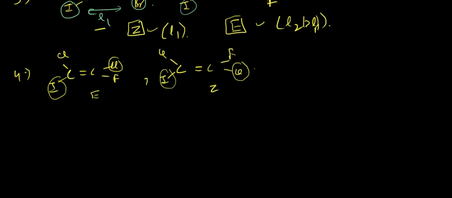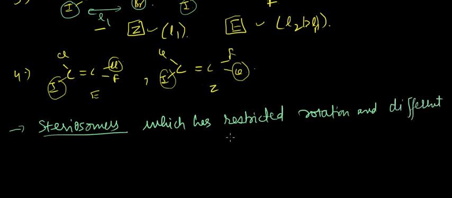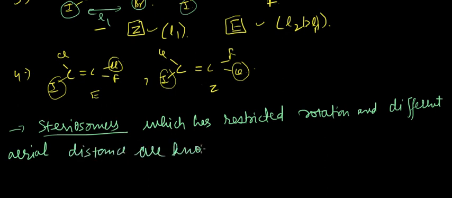As I explained in the earlier definition, the summary is: stereoisomers which have restricted rotation and different areal distance are known as geometrical isomers.